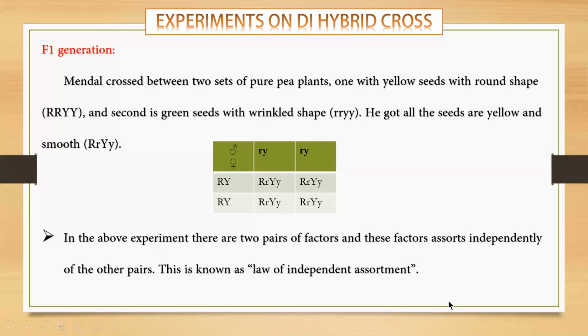In the above experiment, there are two pairs of factors, and these factors assort independently of the other pairs. This is known as the law of independent assortment. The two pairs of factors are round and yellow, and wrinkled and green.